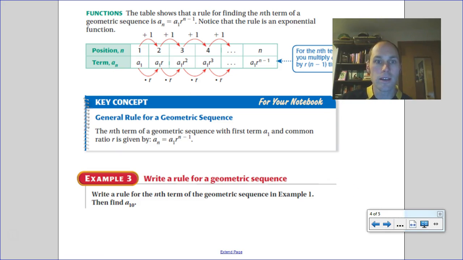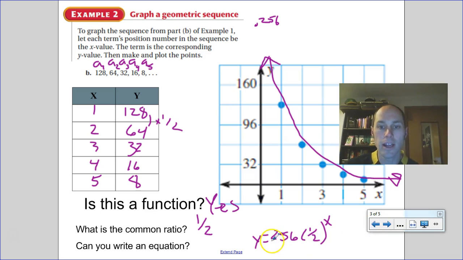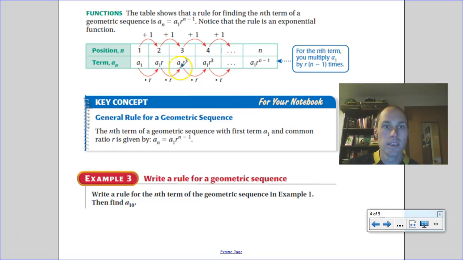I'll show you the recursive and explicit forms of the geometric sequence and how we work that. But keep in mind, when we have a geometric sequence, we're starting with the first term. So it's not going to be totally like our a times b to the x, because we're always starting with the first term. So notice to get to the fourth term, I multiply by our ratio only 3 times. To get to our third term, I multiply twice.